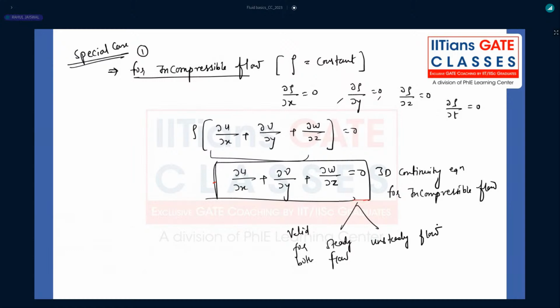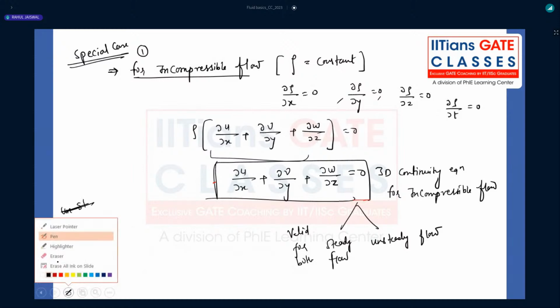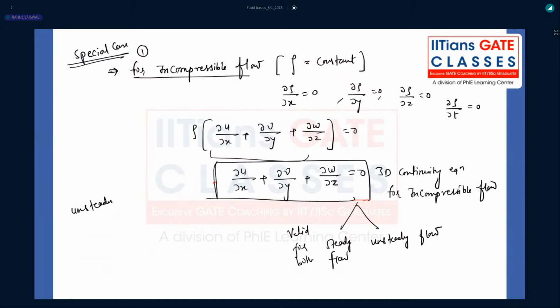That means with the help of only the condition of incompressible flow, you can never judge whether it is a steady flow or unsteady flow. What is the meaning of this? If you say steady flow, and density is constant, whether ∂ρ/∂t is automatically 0 or not?